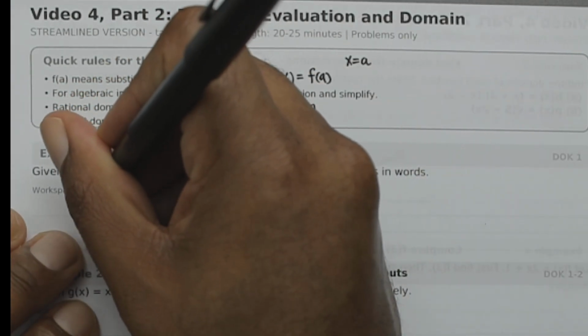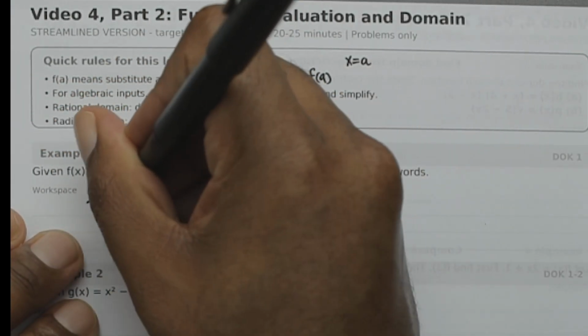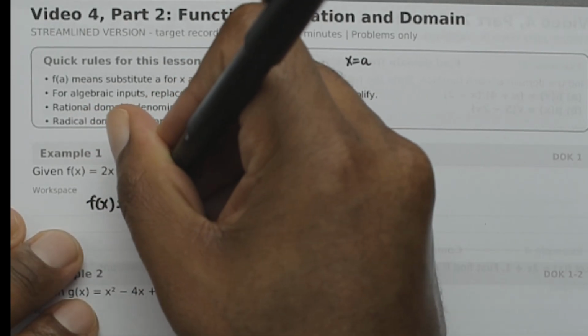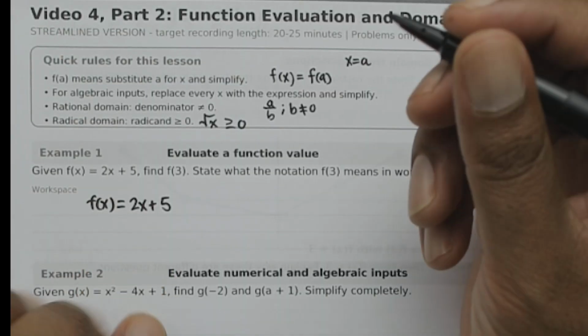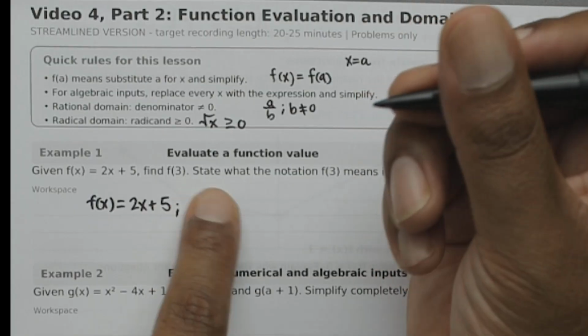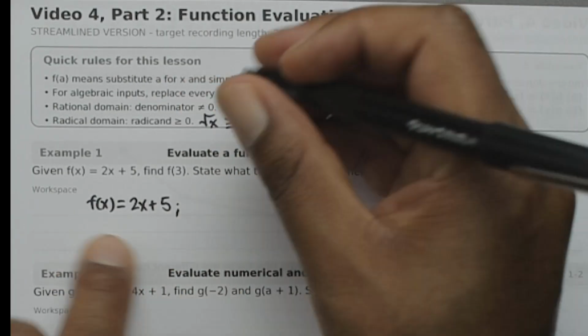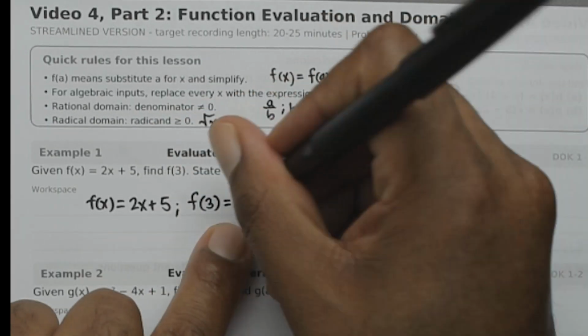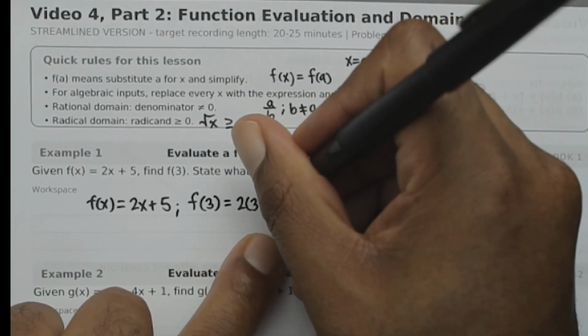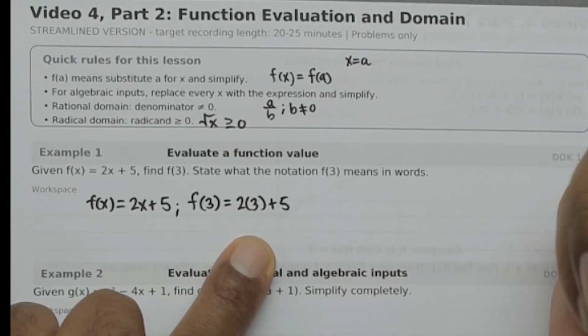So if we were to write f of x equals 2x plus 5, and I just want to make sure I'm using the proper equation up here, okay? So I want to substitute the 3 into the x. So f of 3 is 2 times 3 plus 5, okay?